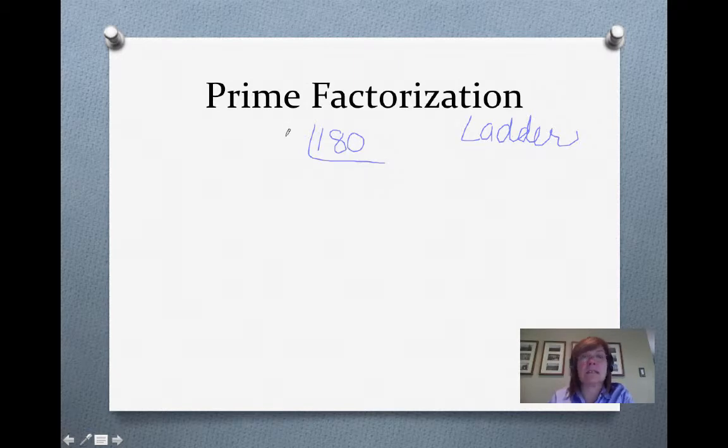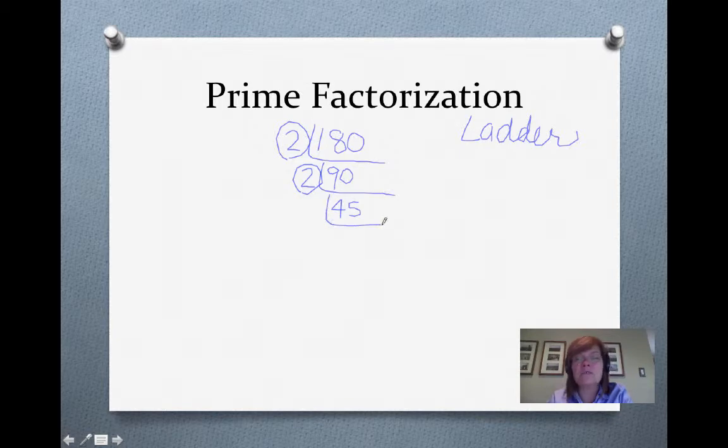We'll start out simple again. 2 times 90 will get us to 180, so we'll make another rung, and we can circle the 2 because we know that's a prime factor.